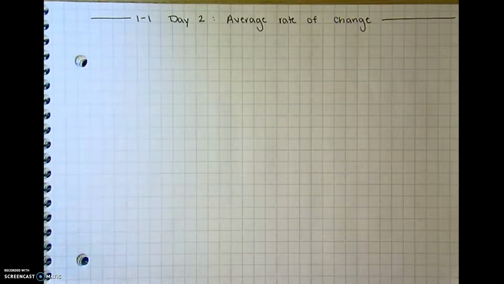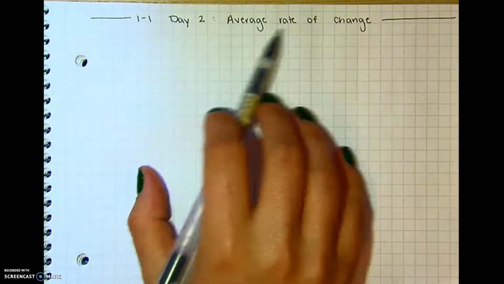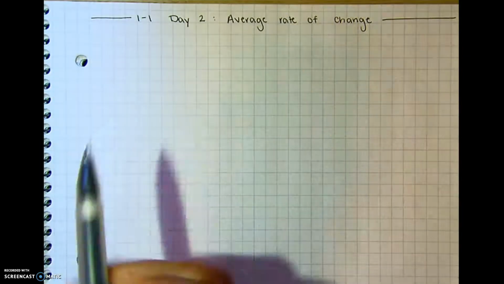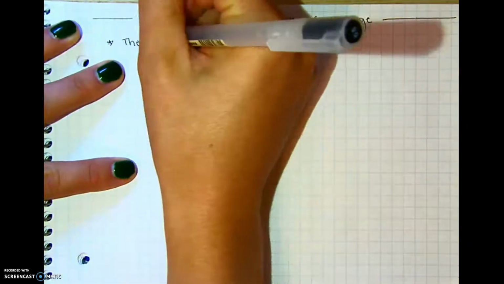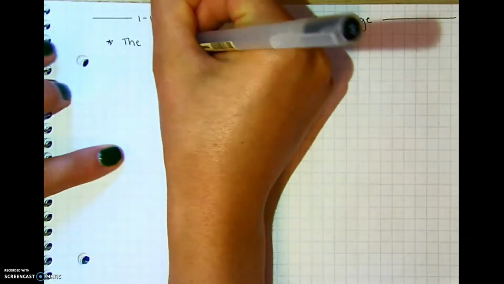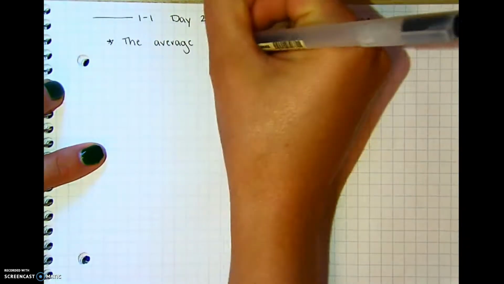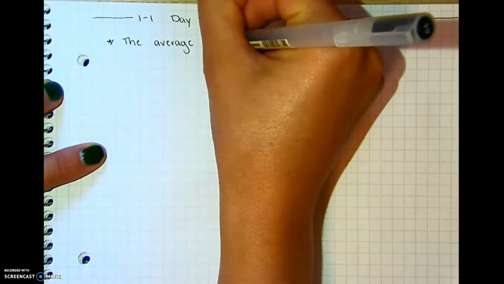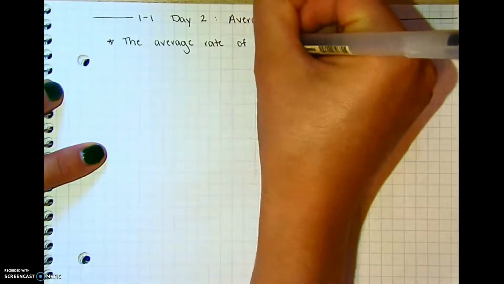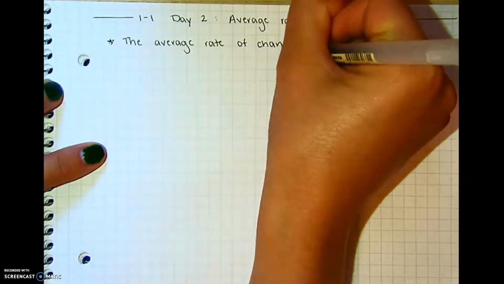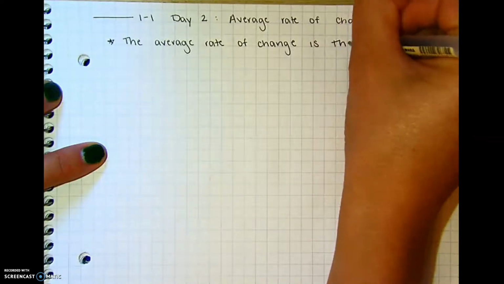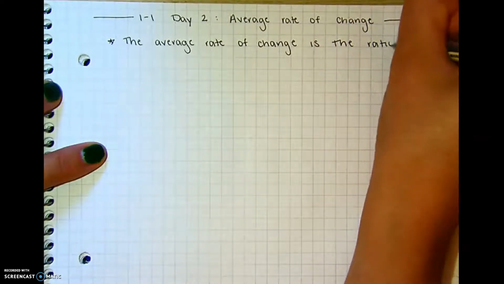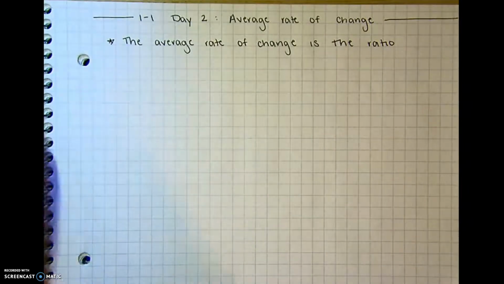Hey everyone, in this video I'm going to be teaching you section 1.1 day 2, average rate of change. So the average rate of change should sound familiar. The average rate of change is the ratio change in y.